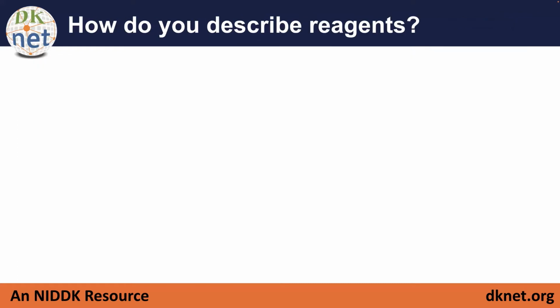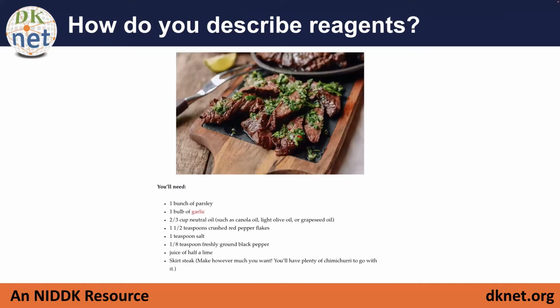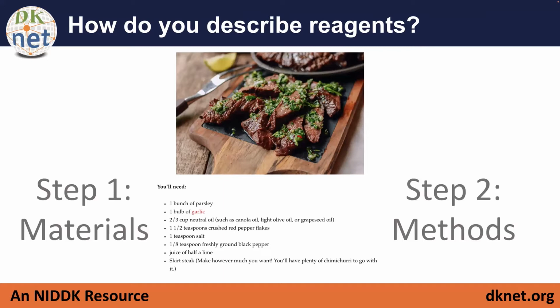So how do you describe reagents? We all know how you describe recipes. You have step one, which is the raw materials that you need, and then the methods that are used to prepare those materials.